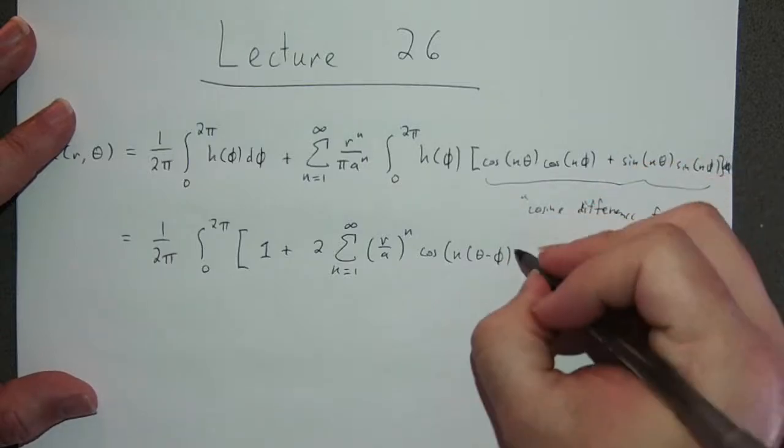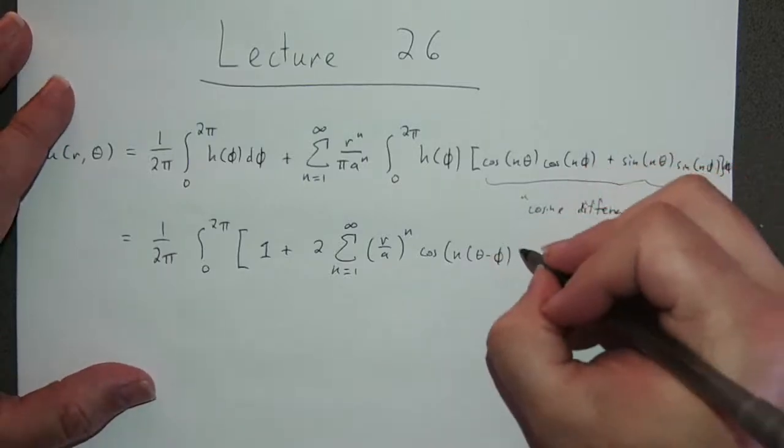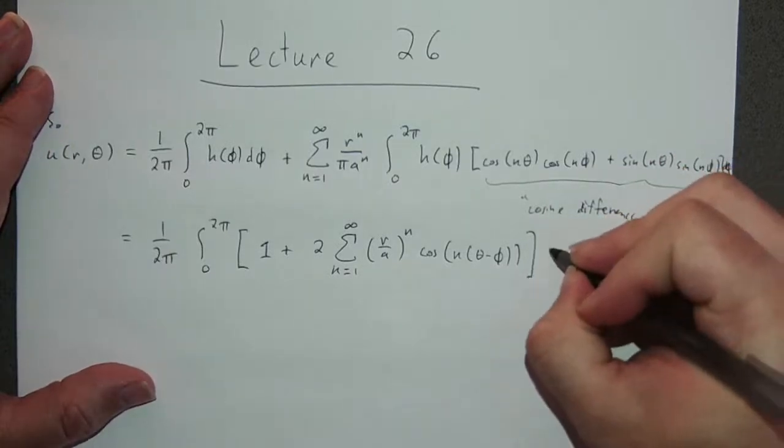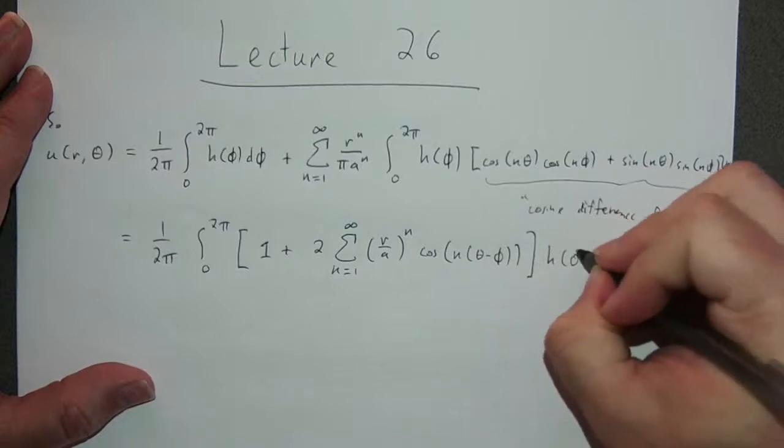If you're wondering what direction this goes in, it doesn't matter because cosine's even. Right, times all of that times h of phi d phi.